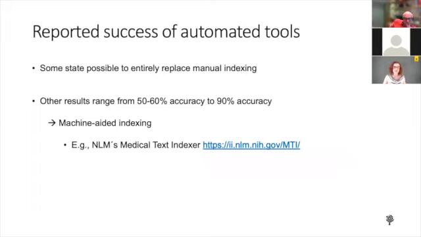All this brings us to another challenge, and that is that the reported success of automated tools is really unknown. Some state that it's possible to entirely replace manual indexing, but that largely depends on the context.